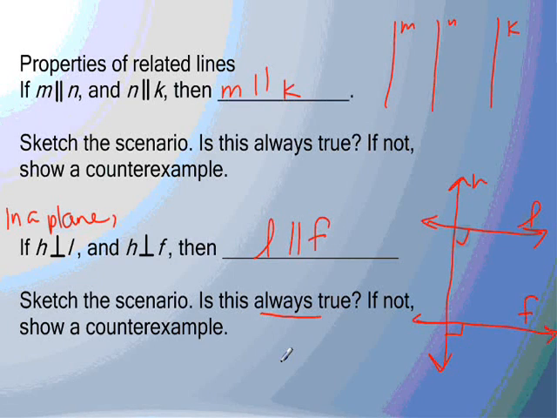Well, the place where the 2 walls meet is also perpendicular to the other wall and the ceiling. And yet, the first wall and the ceiling and the second wall and the ceiling aren't parallel to each other, right? Those are also perpendicular to each other. So it's not always true. The corner of a room is a counterexample.